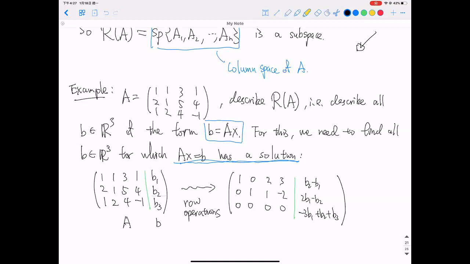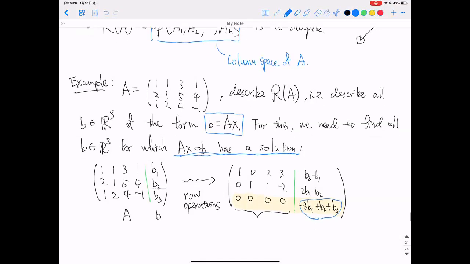So in this case, the possibly problematic row is this last one, where all the entries on the left side are zero, and this last entry can be a problem if it's not zero.